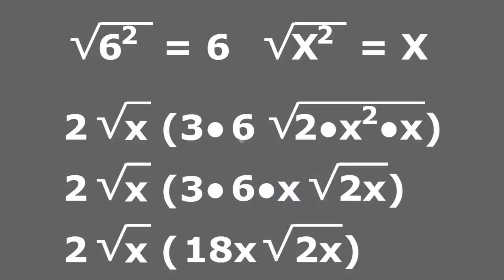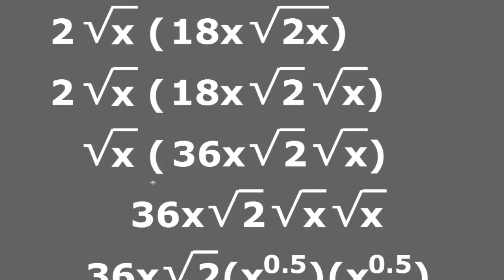So now what I have is 3 multiplied by 6 and also multiplied by the variable x. So 3 times 6 becomes 18, and the x is just the letter x right here. So now I can write it as 18x multiplied by the square root of 2x.